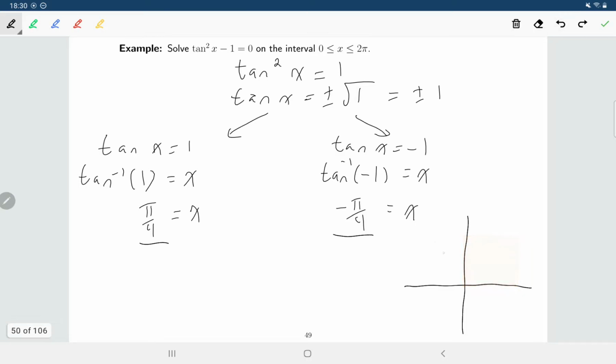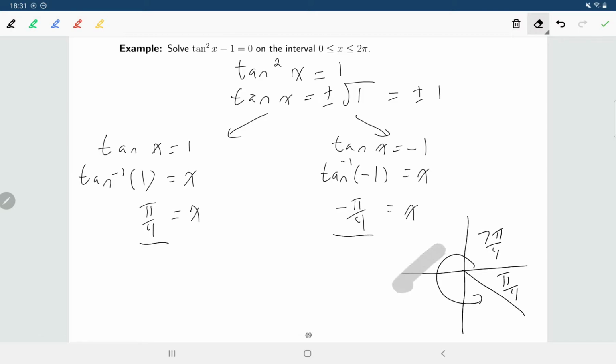So although we found these two values, the actual solutions for our equation would be the angles that have reference angles of pi over 4, which includes pi over 4. It includes 3 pi over 4. It also includes 5 pi over 4. And it also includes 7 pi over 4. Those are all the angles where the reference angle is pi over 4.